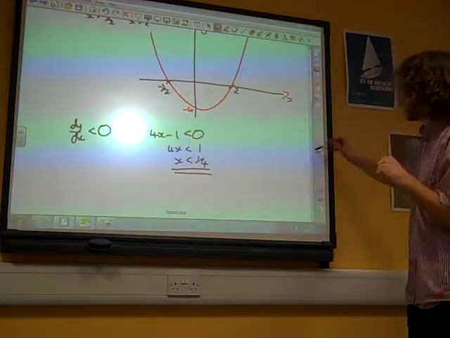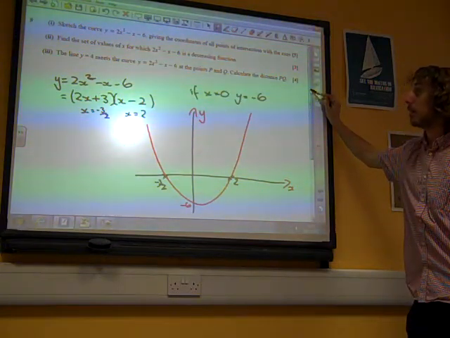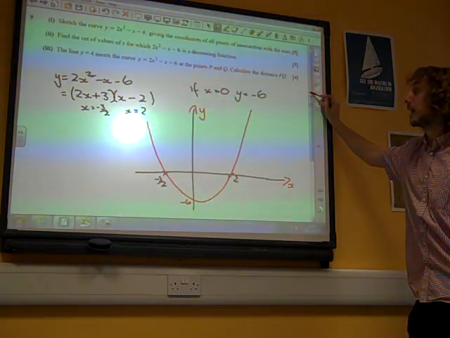And now, part 3, it gets really interesting. The line y equals 4 meets the curve y equals 2x squared minus x minus 6 at the points P and Q. Calculate the distance PQ.